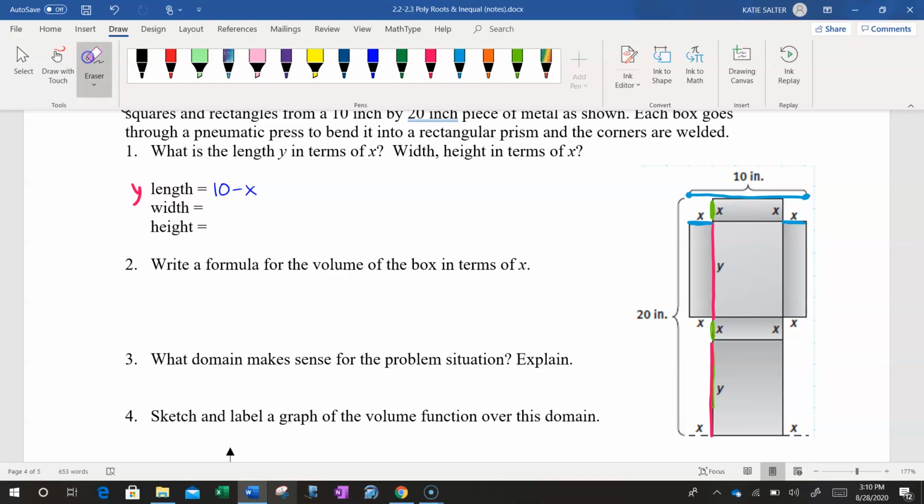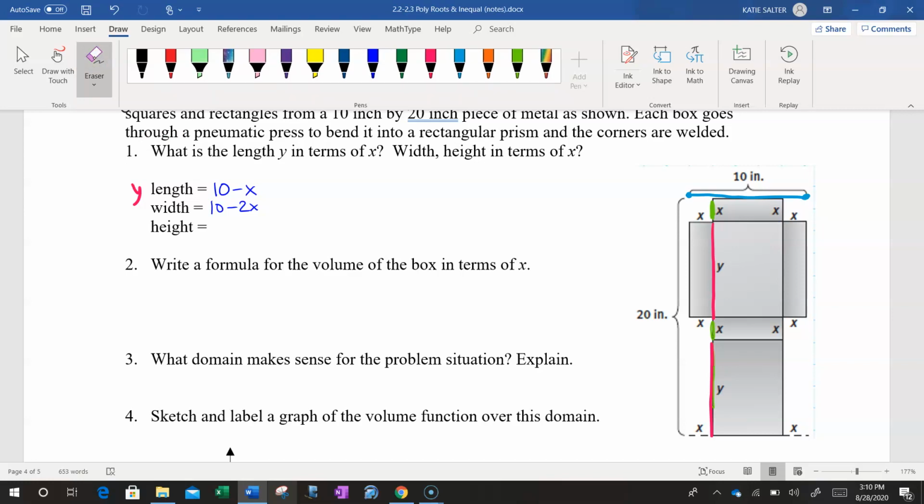So what we're trying to figure out is what's left over there. What would represent just this part right here? And since you're going to take x away from each side, that would give us 10 take away 2x. Again, if you need to make a little equation for it, you can, but I think most of us can see it.